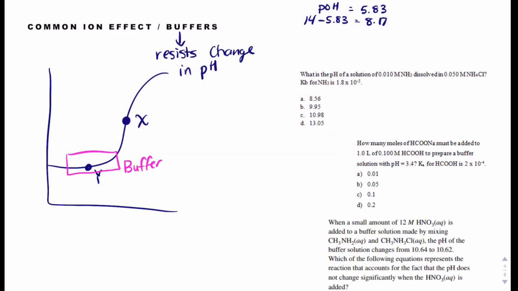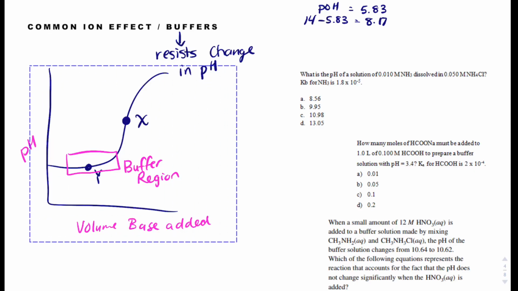We call it the buffer region because that region has a slope pretty close to 0. Our y-axis is pH, and this is volume of base added for this specific titration, because this is acid getting titrated with the base. So this has got to be the buffer region because the pH is not really changing.